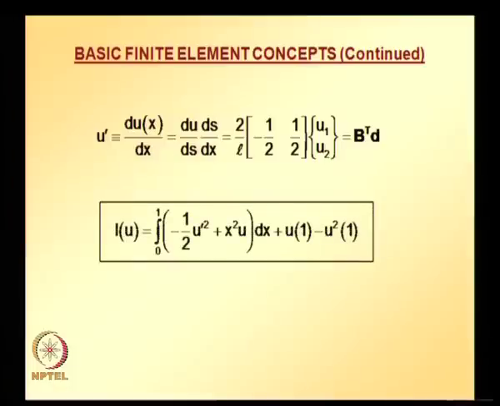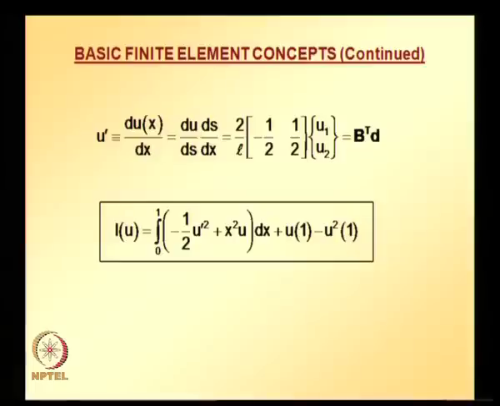And now you can plug in all this information into the equivalent functional, and this is how it looks. As I mentioned in the points related to the finite element method, we will develop the equation system for a typical element. So in this equivalent functional, let us assume an element. The last two terms correspond to x equals 1.